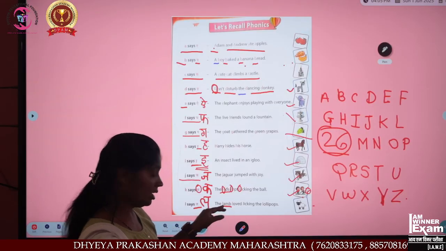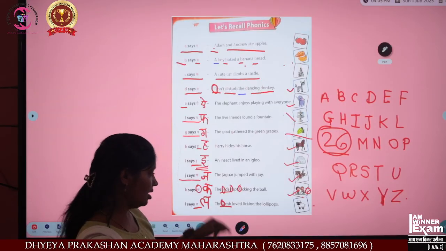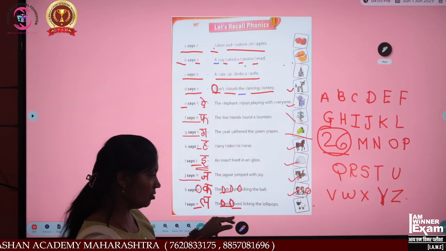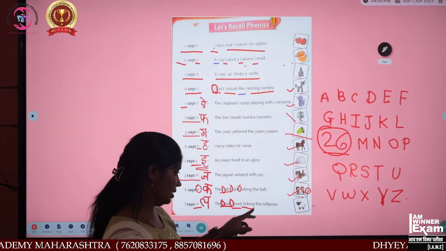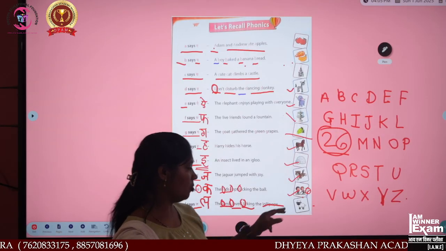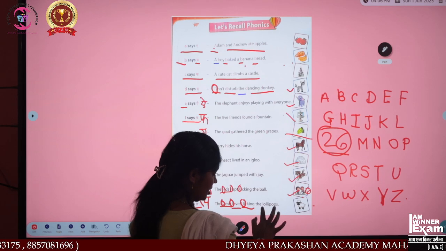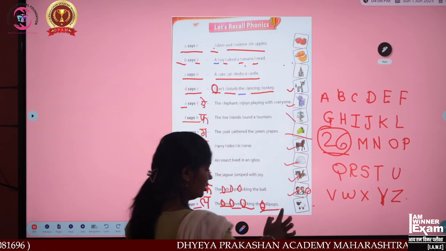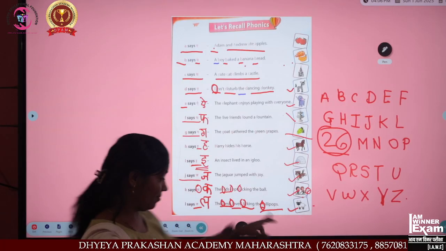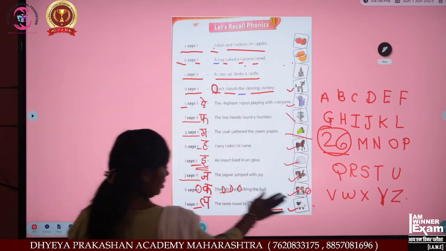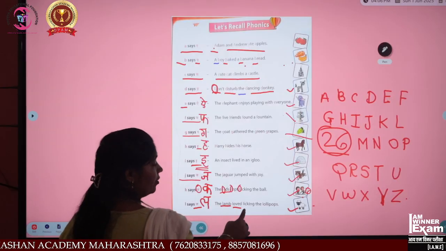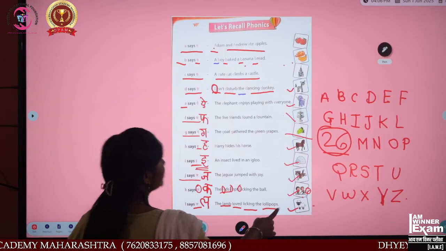In lamb, L says L. In love, L says L. In licking, L says L. Lollipops, L says L. So lamb, this picture is lamb. Now L says L: lamb, love, licking and lollipops.